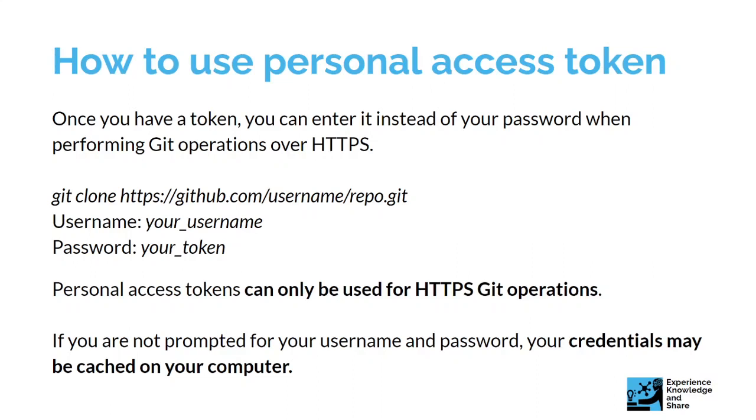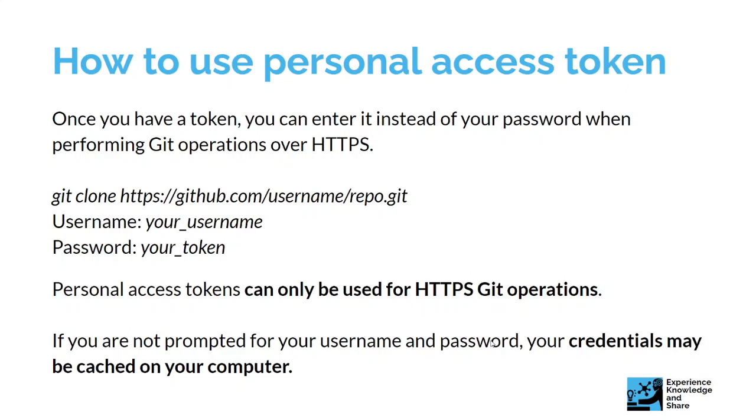But again, the personal access token can only be used for HTTPS Git operations only. If you want to use SSH, that is a separate thing and we have to plan for that separately. Suppose that once the git clone URL is entered in our Git Bash or the command prompt, it is not asking for the username and password.